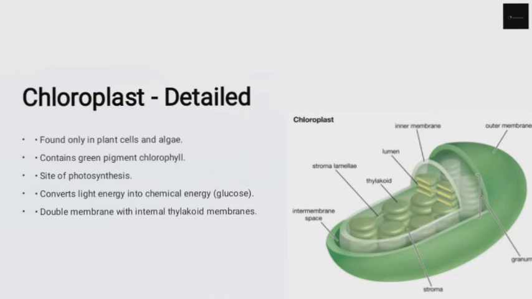Photosynthesis is just converting light energy into chemical energy. It traps the what? Energy from the sunlight and converts it to what? Chemical energy in the form of what? Glucose. Also, please take note of this. The mitochondria has a double membrane. The chloroplast also has what? Double membrane.